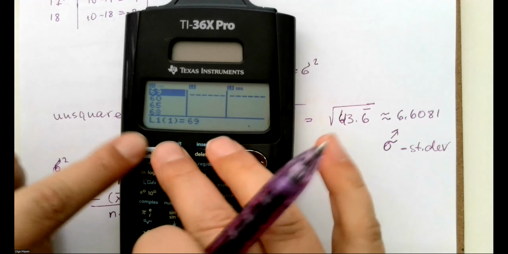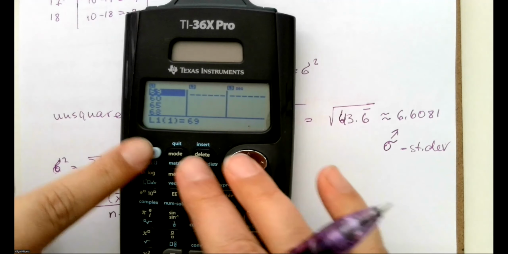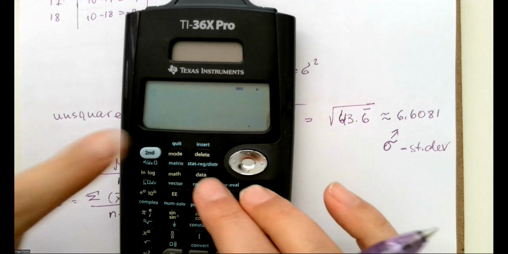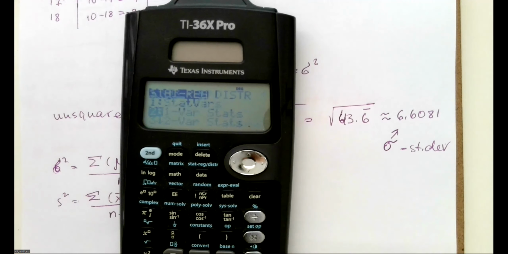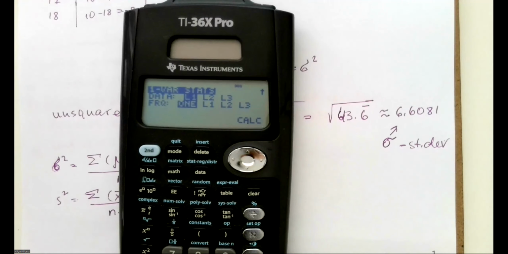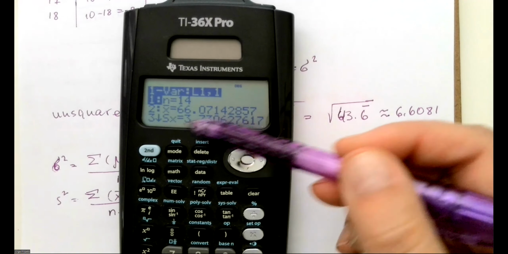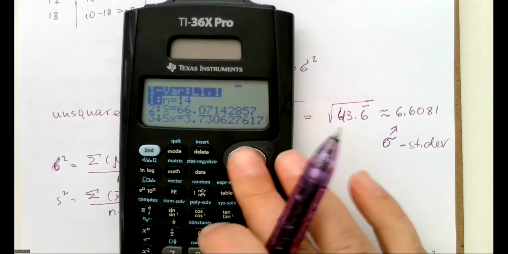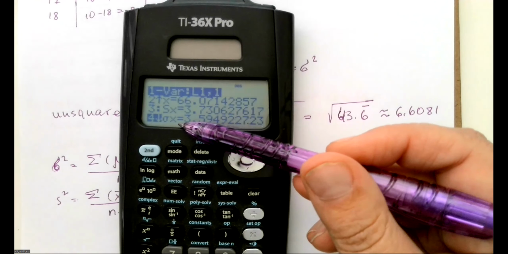And when we went to calculate statistics, we hit one variable stat and then list 1, frequency 1, calculate. Remember, we had the mean, and then we had S sub x, and we also had sigma sub x.